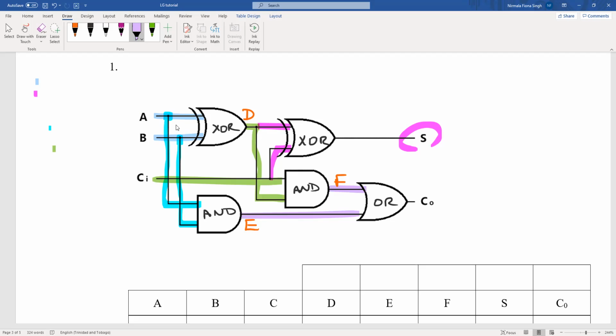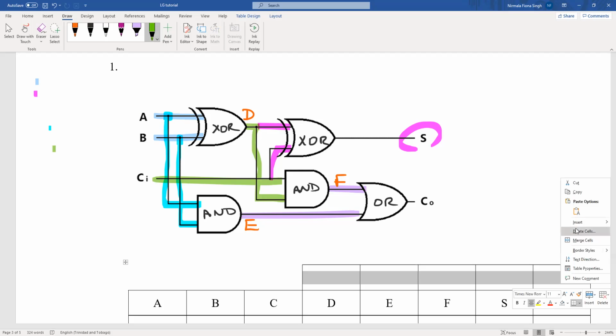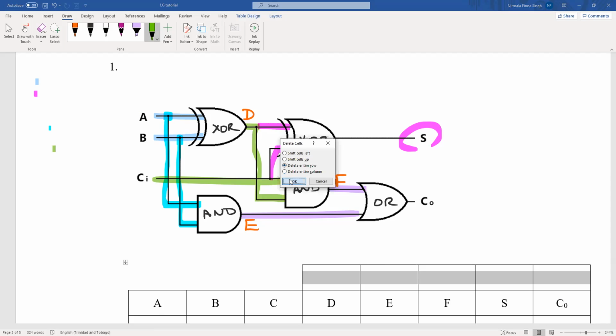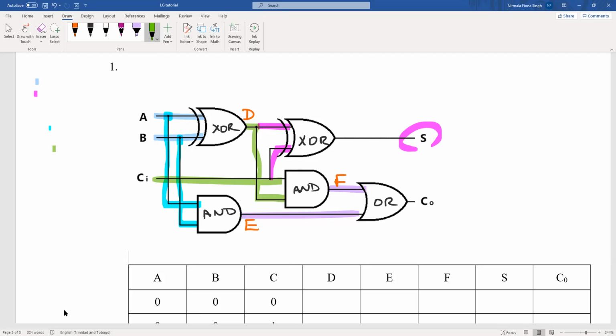We have those down. What we can do now is write down what each one is in the top row, so life doesn't get too complicated. It's complicated enough as it is. So what is D? D is A plus B through an XOR gate. What is E?